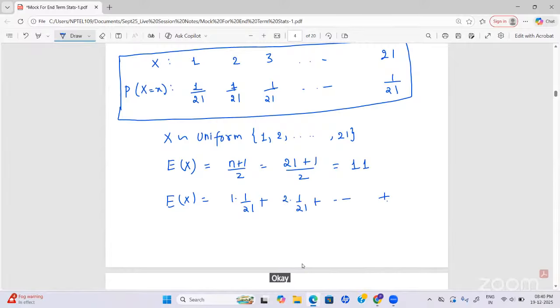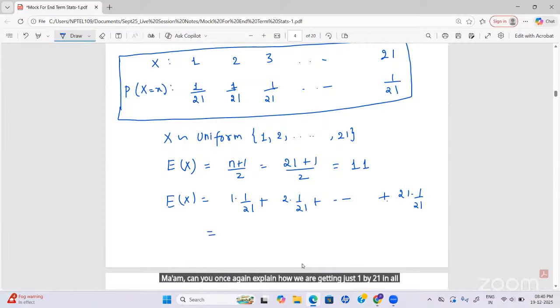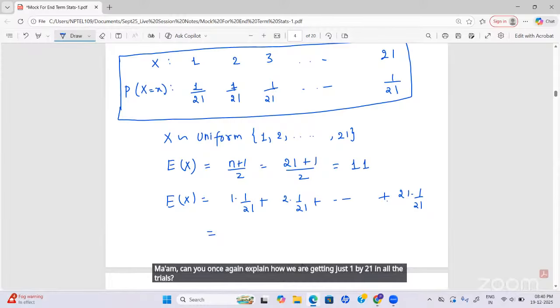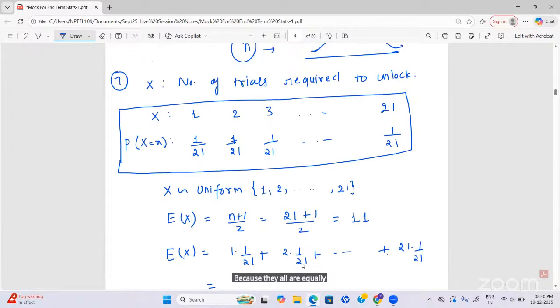Ma'am, can you once again explain how we are getting just 1 by 21 in all the trials? Because they all are equally likely to be selected. Okay. So the probability for each of the values will be same.